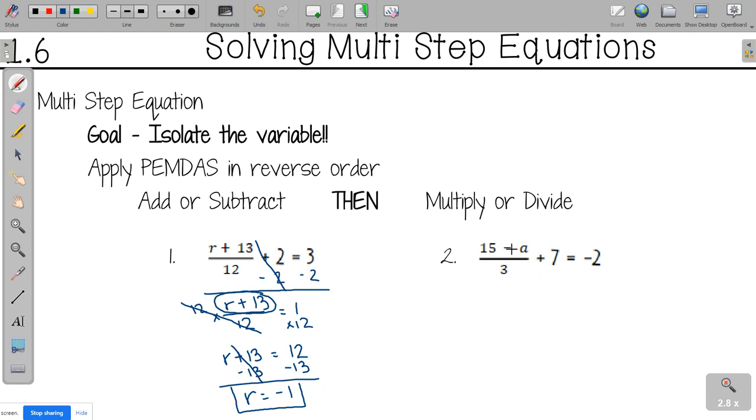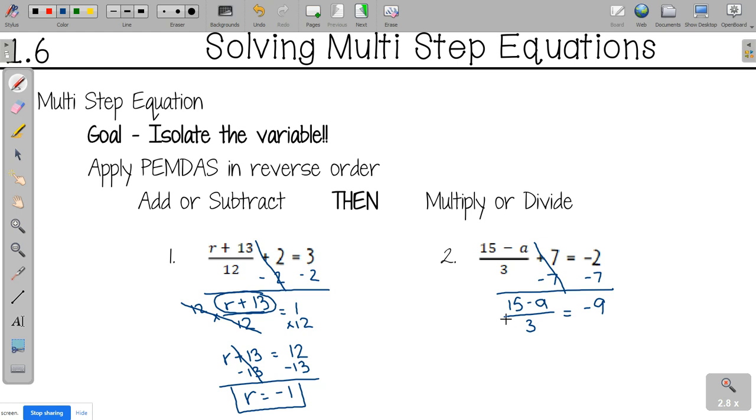We have 15 minus a divided by 3 plus 7 equals negative 2. We need to get a by itself, and a is part of the fraction, so we're going to subtract our 7. We're doing the opposite. So we're left with 15 minus a divided by 3 is equal to negative 2 minus 7 is negative 9.